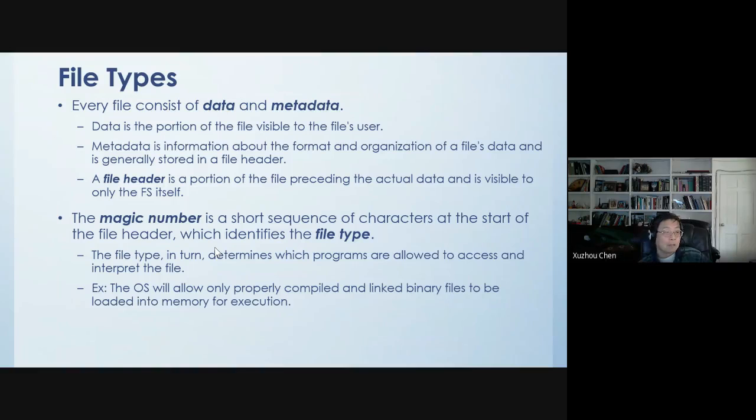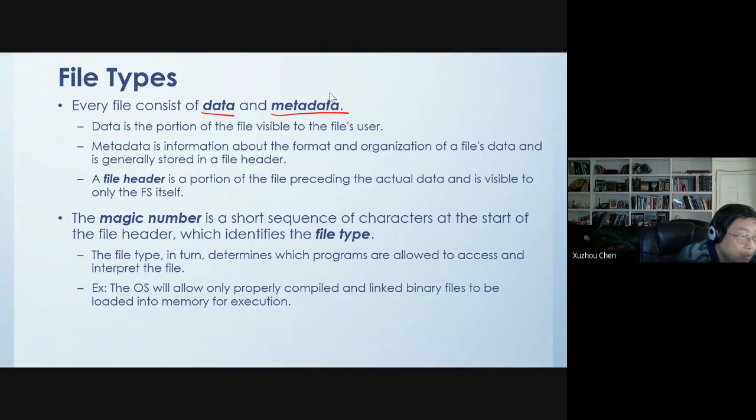Every file consists of two parts. One is the data part, the area where you actually store the data. The other is called metadata. Metadata does not store the data for this particular file, but stores information about this file.